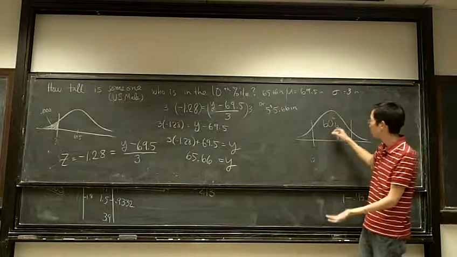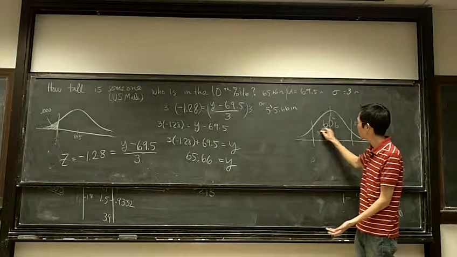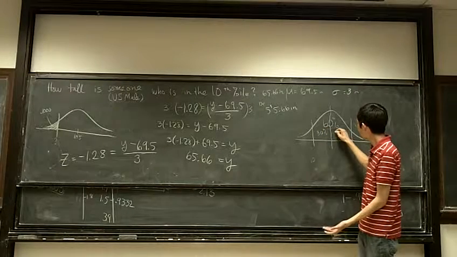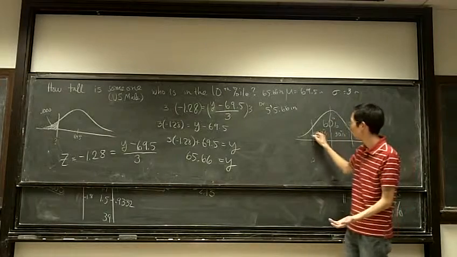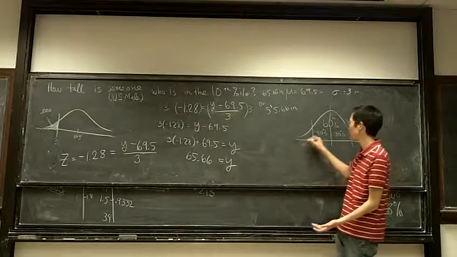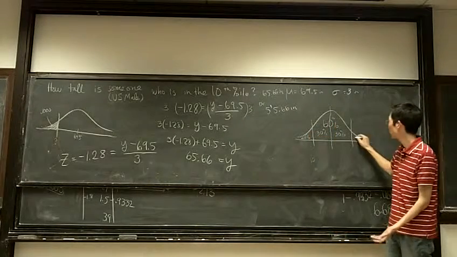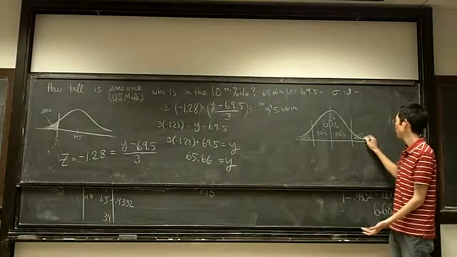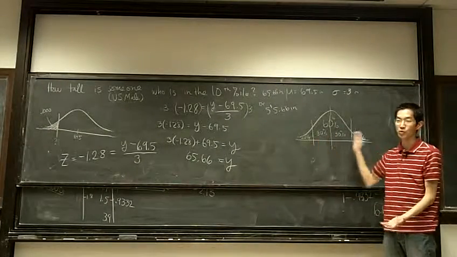If it says middle 60%, that means you've got 30% on this side, 30% on this side, okay? And basically, if you've got 30% on this side and everything on this side is going to be 50%, that means we've got 20% down here and 20% up here. So the middle 60%, we've got 30 on each side and then 20% in the remaining tails.